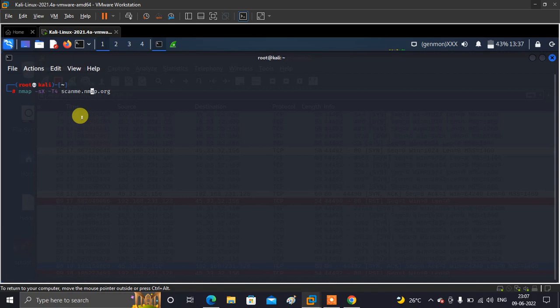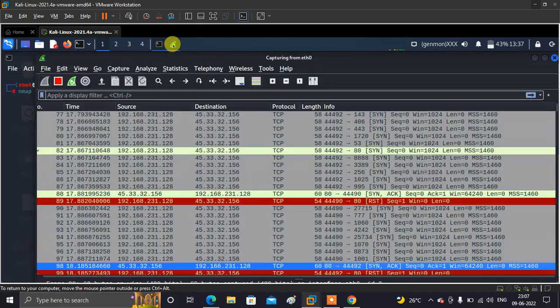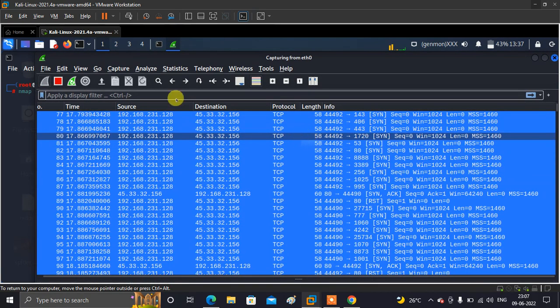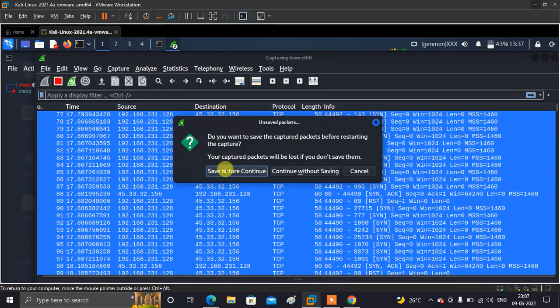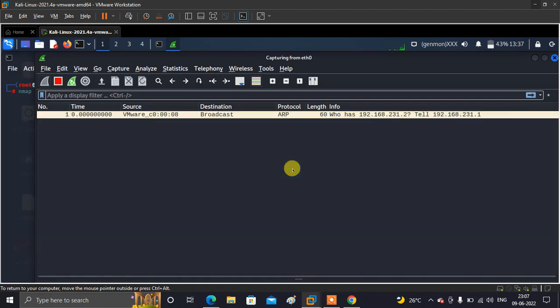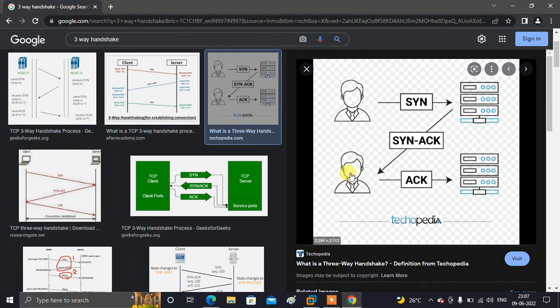In the case of Xmas scan, I told you already: first of all, SYN was sent, SYN plus ACK was received, then RST or ACK was sent. That's the normal working of a scanning mechanism. Now we are going for a different combination of flags. So instead of SYN and ACK, first of all, the attacker will send a 3 flag set combination.